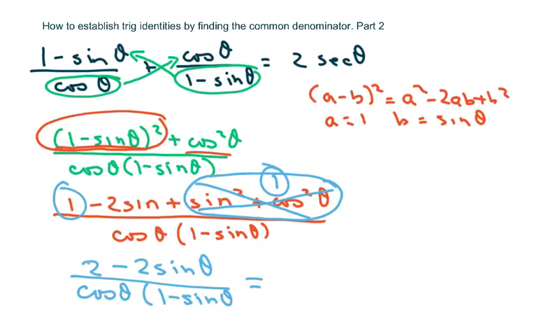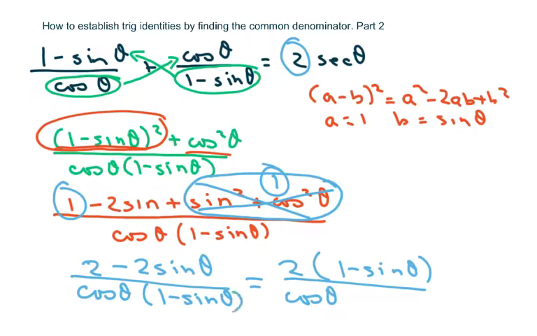Now I'm going to factor out a 2 in the numerator, which is, remember, we got that 2 there. So we get 1 minus sine of theta over cosine of theta times 1 minus sine of theta. Now you can cancel these. This equals 1.